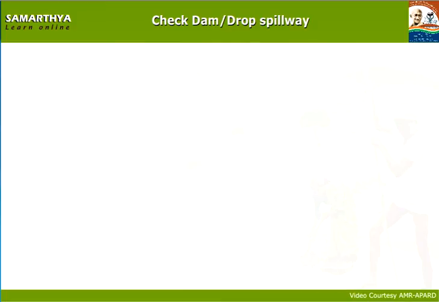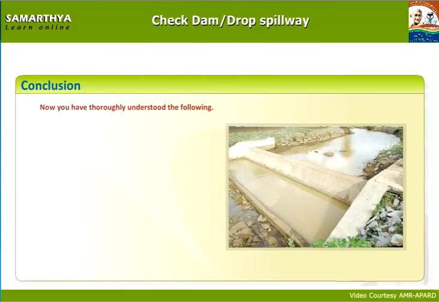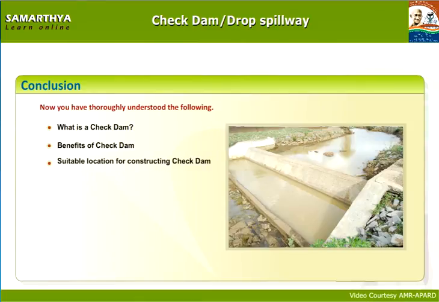Conclusion. Now you have thoroughly understood the following. What is a check dam? Benefits of check dam. Suitable location for constructing check dam. Main parts and operating method of check dam.